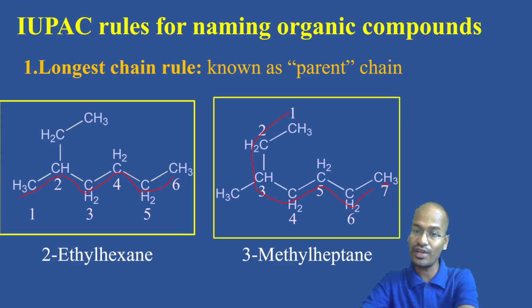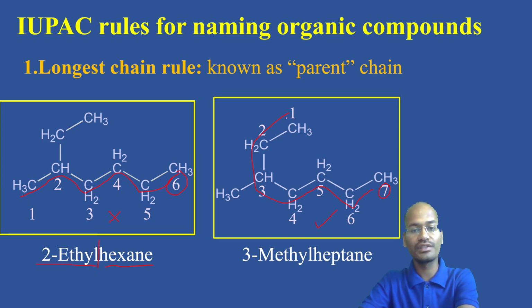As number 7 is biggest and longest, this is the correct method of choosing the longest possible chain, and this is the wrong thing. So if you are choosing this as the longest chain, the name will become hex. As we are choosing 6 as the longest chain, that's why hexane. And at second position, ethyl group was added, so 2-ethylhexane.